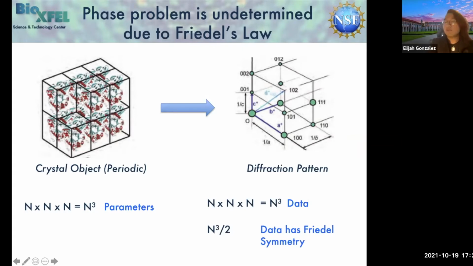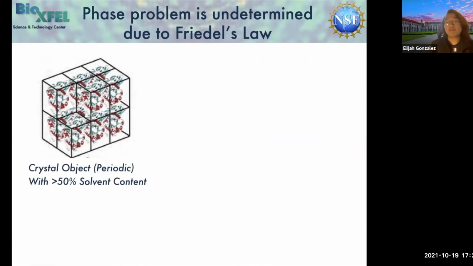And so what I would pose to you is, what would happen if we only have a protein that has 50% solvent content? So we know that when we're crystallizing proteins, they form these crystal lattices with a certain amount that is solvent and a certain amount that is protein. And so if we only have a crystal that has 50% solvent content, what that's going to mean is that we're only really interested in the densities of 50% of the crystal.